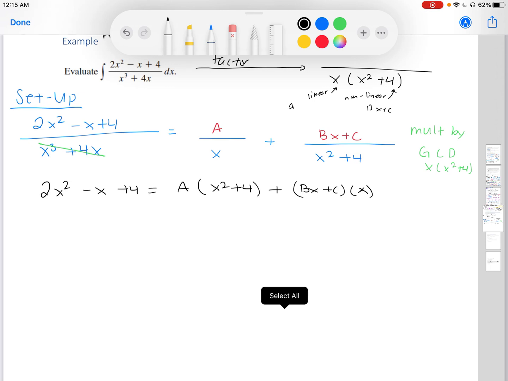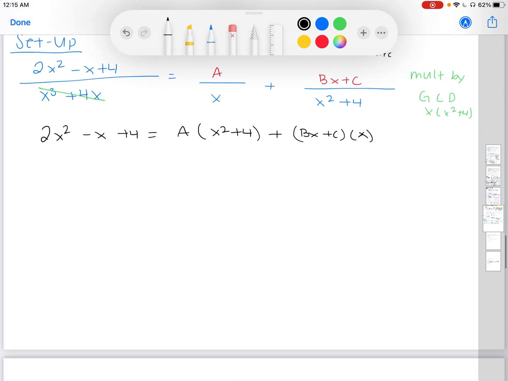All right, let's go ahead and multiply fully. And we're left with 2x squared minus x plus 4 is equal to ax squared plus 4a plus bx squared plus cx.